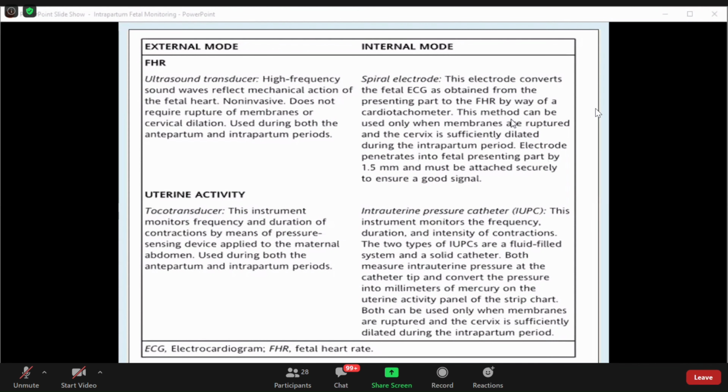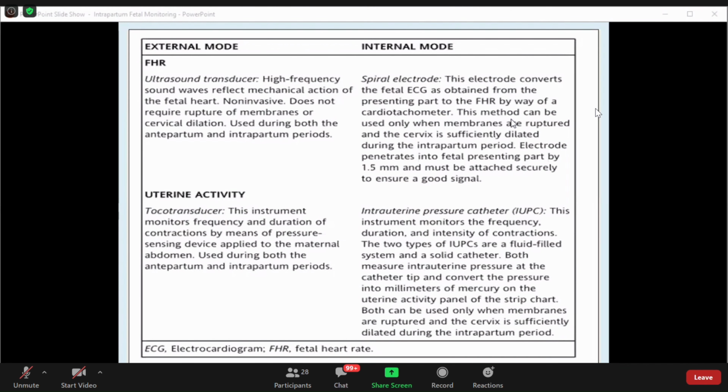If the fetus is breech, it can be attached to the buttocks. A spiral electrode will give you the fetal heart rate. It gives you other information, but for right now, all I want you to know is it gives you the fetal heart rate.